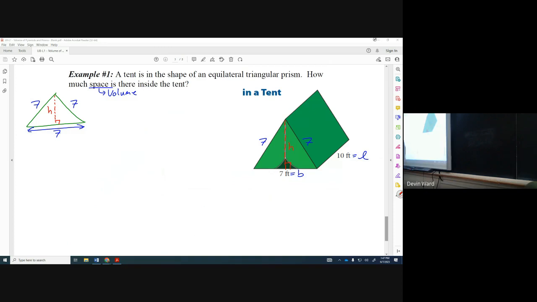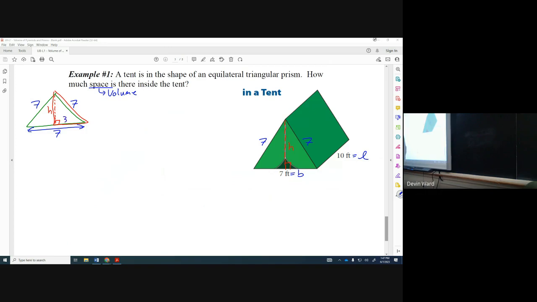Okay? But I have a right angle triangle here, right here is a right angle triangle. Okay? So if I take half of the base of the triangle, that'll get me to exactly halfway in my tent.